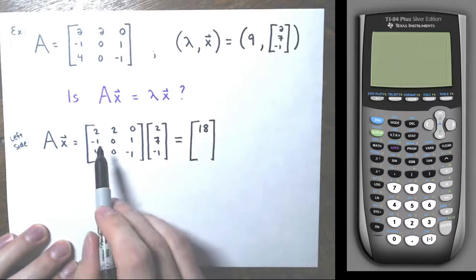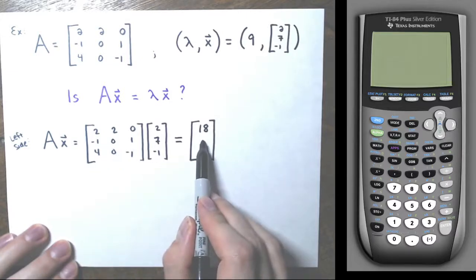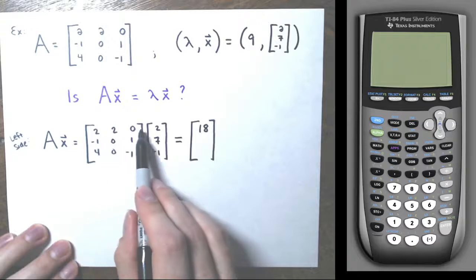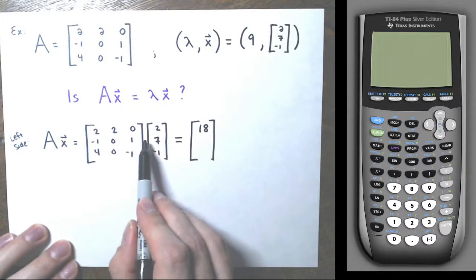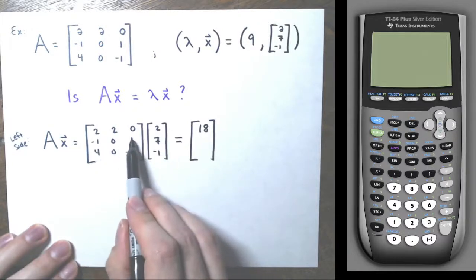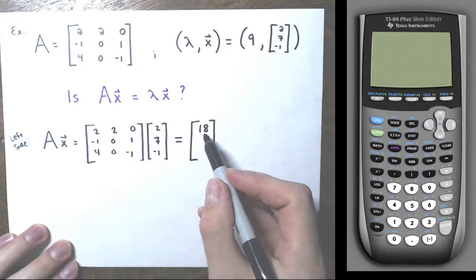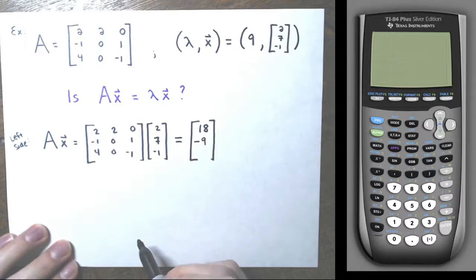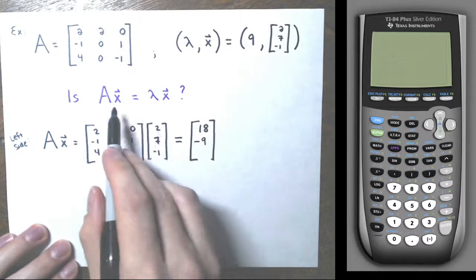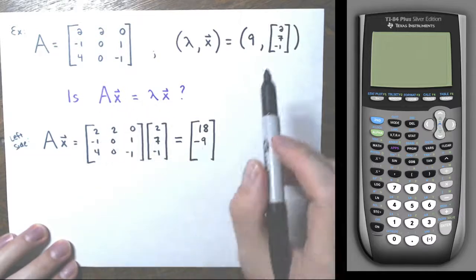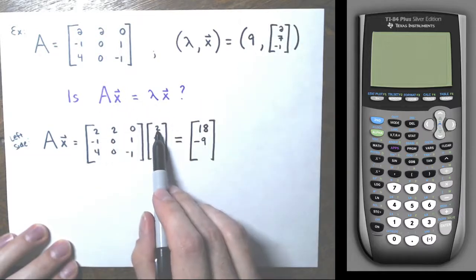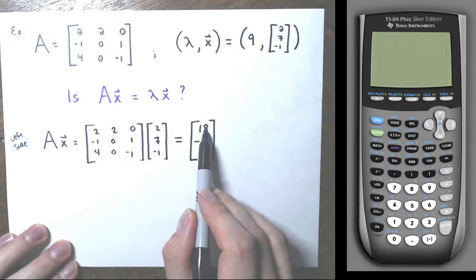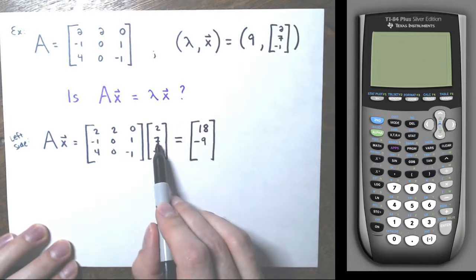Then the second row, first column, -1 times 2 is -2, then you have 0, then you have -7. -2 plus -7 would be -9. And right away, I'm seeing that these are not going to be equal, because the vector I started with, 2 times 9 is 18, but what's 7 times 9? 63.